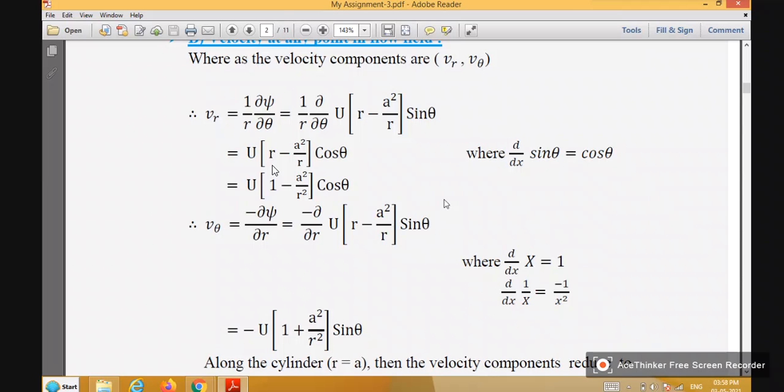Correct, V theta, right, it matches. Minus U sin theta minus dou by dou R of U R minus A square by R sin theta, correct. So U into 1 plus A square by R square, correct.